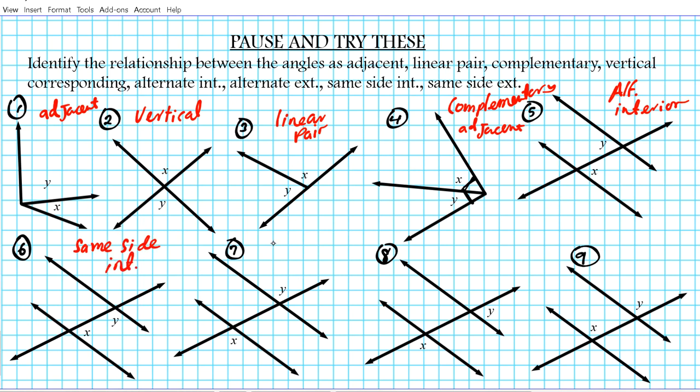Number 7, these are alternate exterior. Number 8, these are same side exterior. And then number 9, these are corresponding angles.